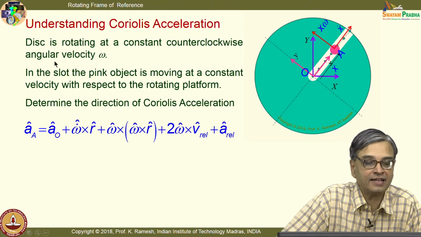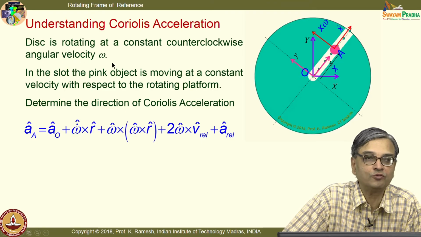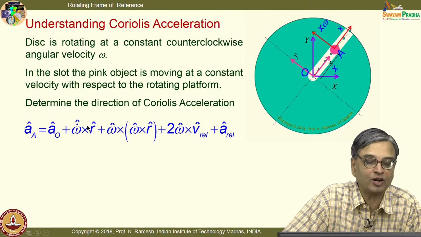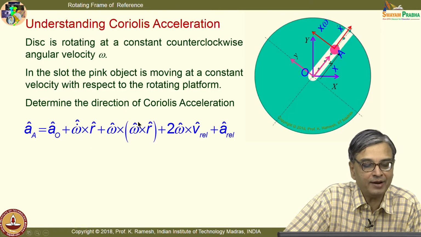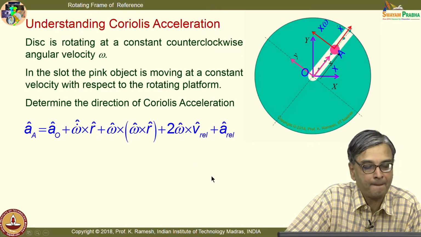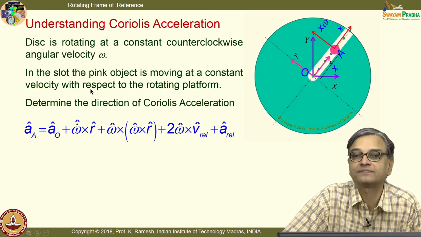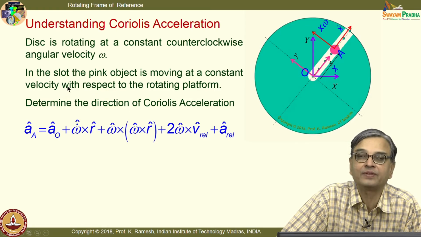We have already said that the disk is rotating at a constant counterclockwise angular velocity omega, which implies that omega dot is 0. I will deliberately make many terms 0 to make our life simple. O is a fixed point, and we have also said that in the slot the pink object is moving at a constant velocity. So, all these terms are very important to interpret.